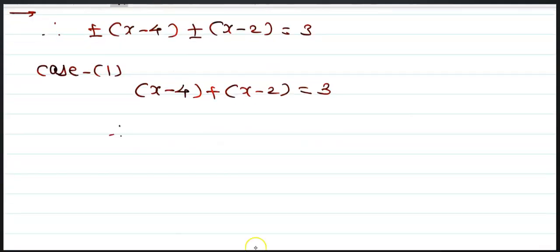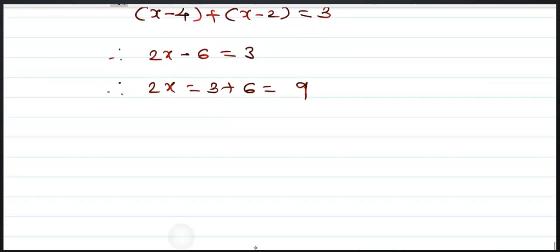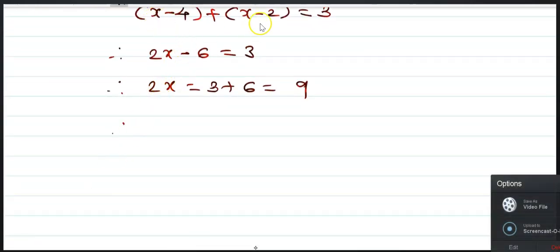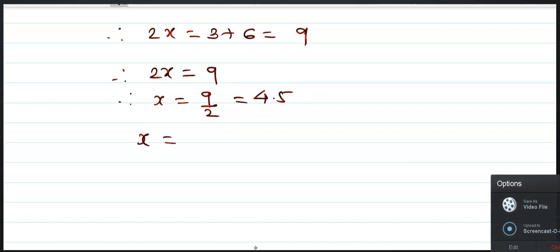If you simplify it, this is normal simplification: x plus x is 2x, minus 4 minus 2 is minus 6, equals 3, and that's why 2x equals 9. Therefore x equals 9 by 2, which is 4.5.